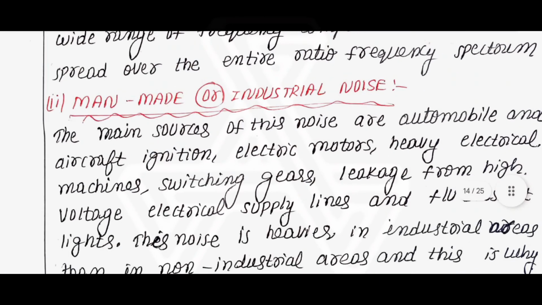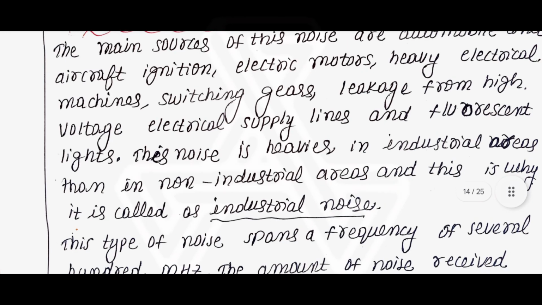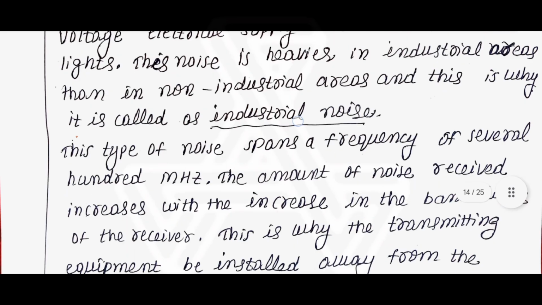Man-made industrial noise. The main sources of this noise are automobile and aircraft ignition, electric motors, heavy electrical machines, switching gears, leakage from high voltage electrical supply lines, and fluorescent lights. These noises are heavier in industrial areas than in non-industrial areas, and this is why it is called industrial noise.